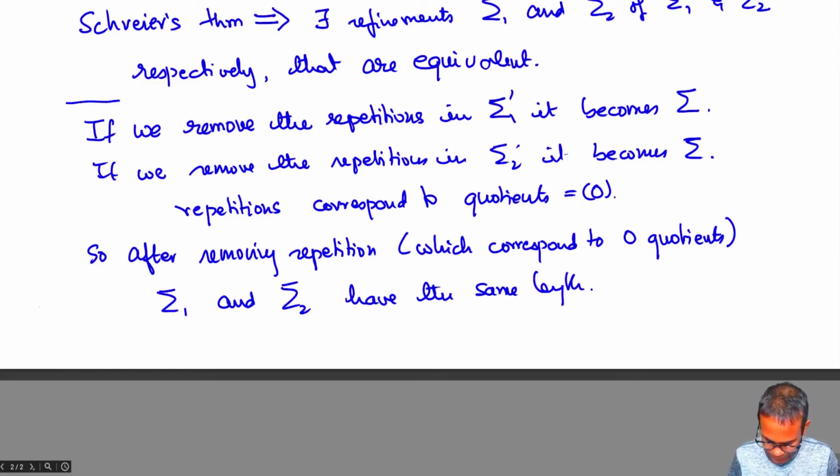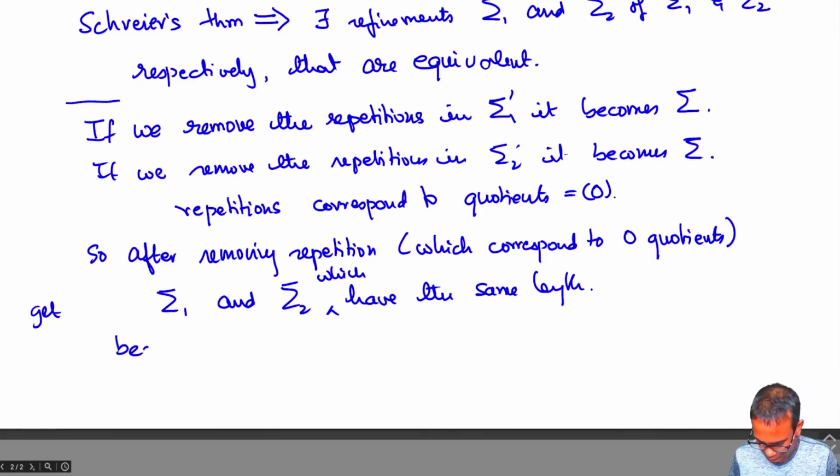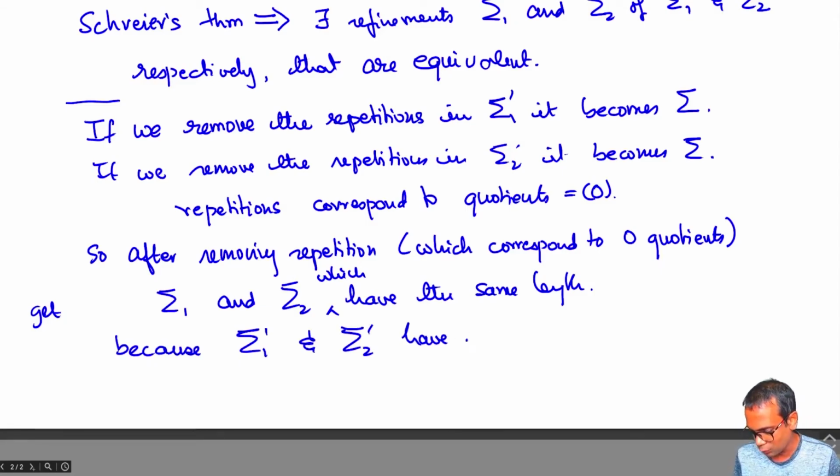So you get sigma 1 and sigma 2 having the same length because sigma 1 prime and sigma 2 prime have the same number of zero quotients.